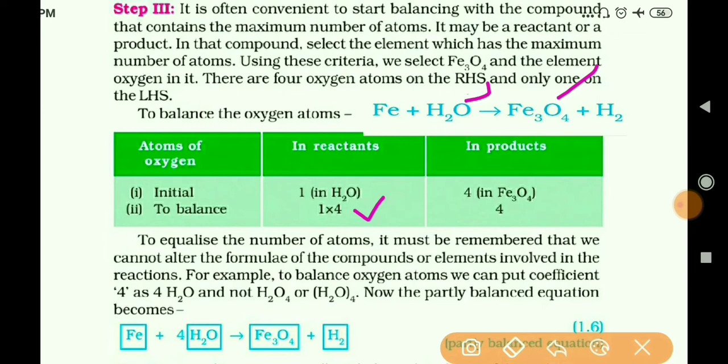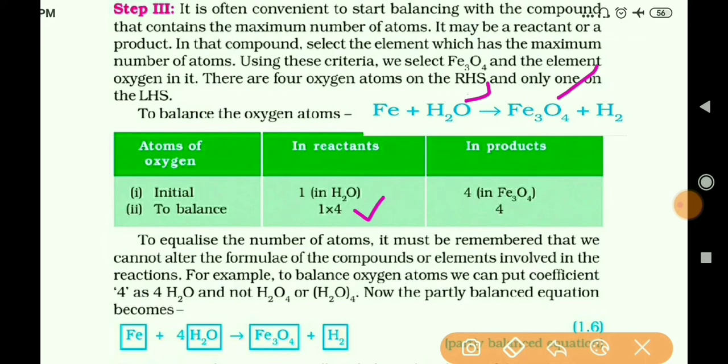But to equalize the number of atoms, we must remember that we cannot alter the formula of the compound or element involved in the reaction, because we already drew the square boxes in step one. The coefficient 4 is multiplied with the 1 oxygen atom in the reactant, so it should be written 4H2O but not H2O4 or (H2O) squared.